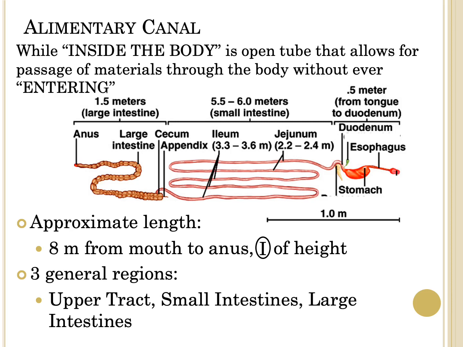This 8 meters actually gets extended, based on the anatomy within the lumen, by the villi and the microvilli within the small intestine, and to a lesser extent within the large intestine.